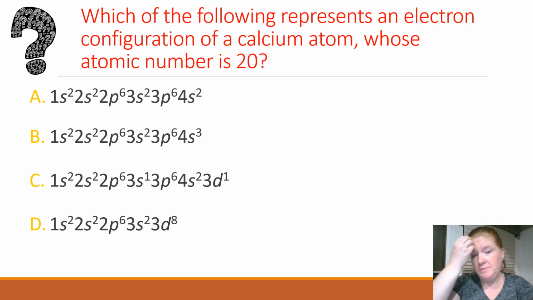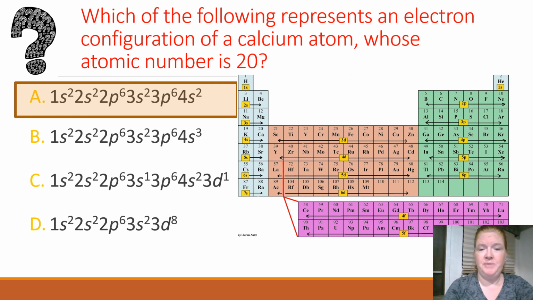I'd have to look at the periodic table because it has to match the energy levels, okay? So where calcium is, I should have only electrons up to energy level 1, 2, 3, 4. And this has 1, 2, 3, 4. Okay, that's fine, but calcium does not go into 3d right here.